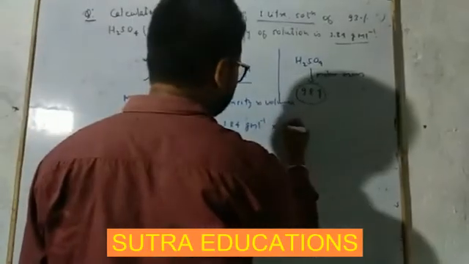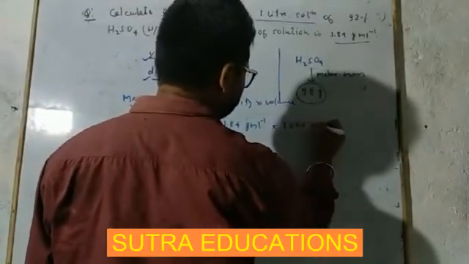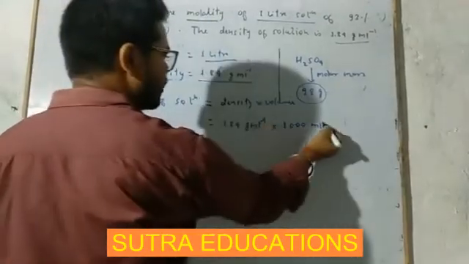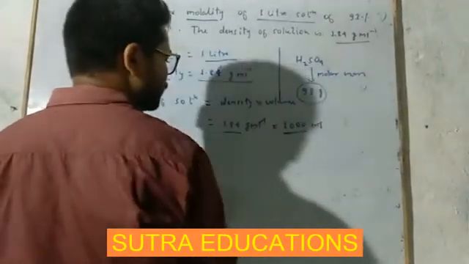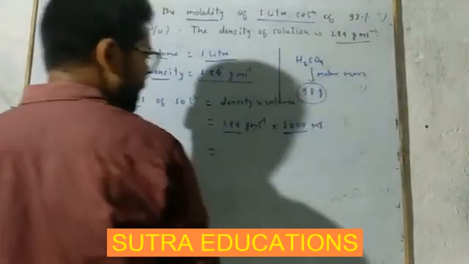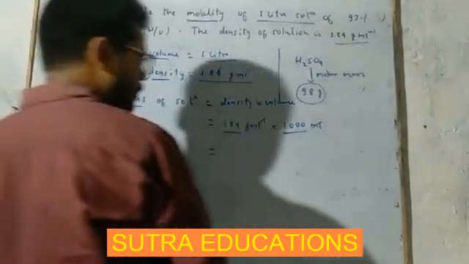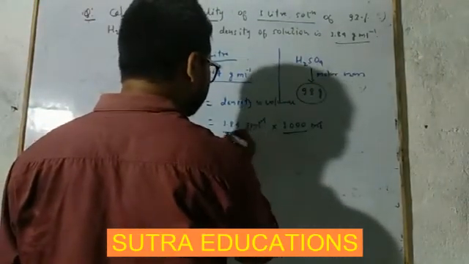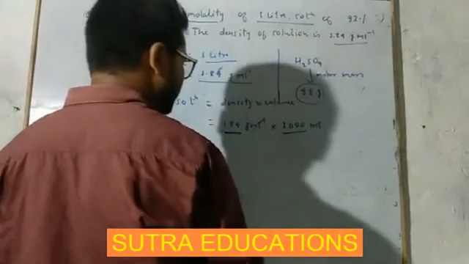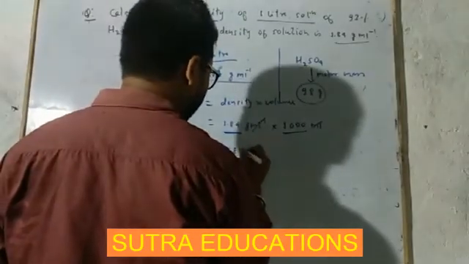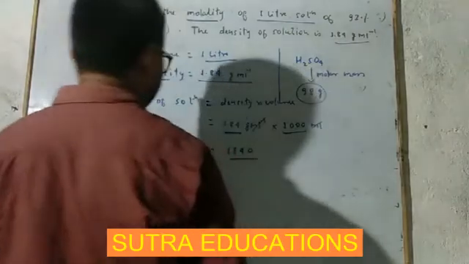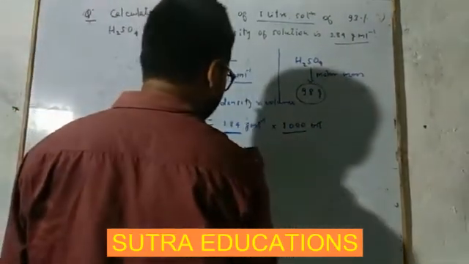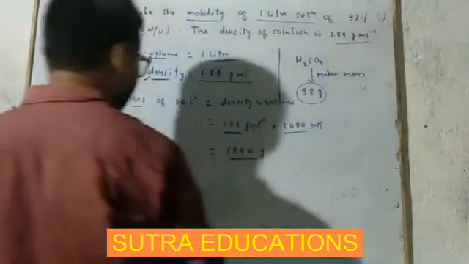So 1 liter means 1000 ml. ml gets cancelled. Multiply these two, it will be 1840. Okay, mass of solution will be 1840 gram.